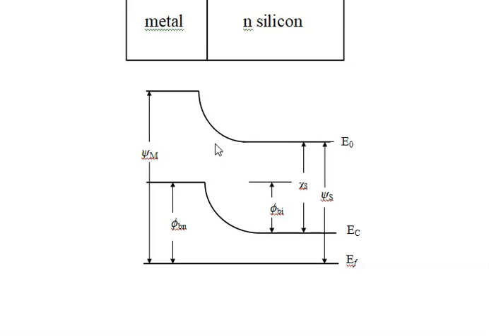It's the quintessential donor, and phosphorus starts with a P, and P is positive. So that's how I remember that the silicon contains positive ions, and at the surface, right here, the metallurgical junction, I have a negative surface charge. So in this particular case, the electric field is right to left, in the negative direction.